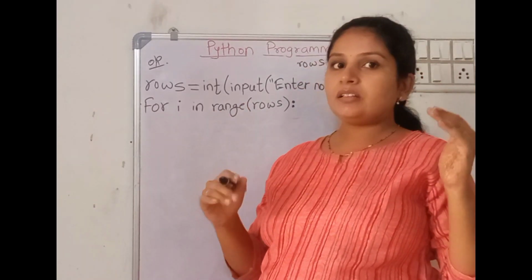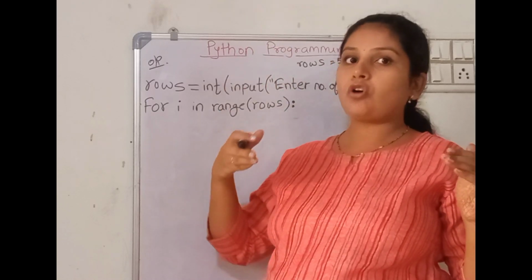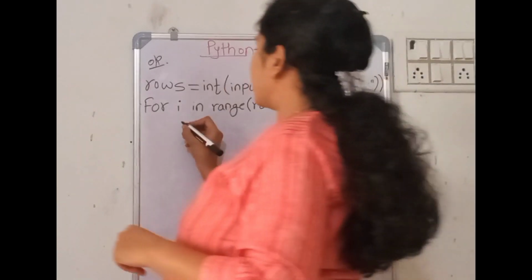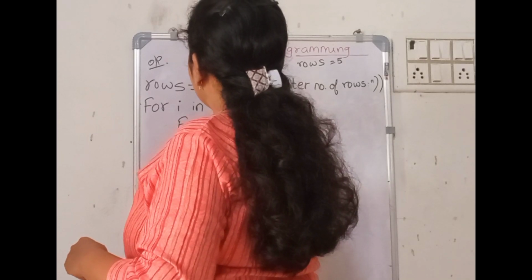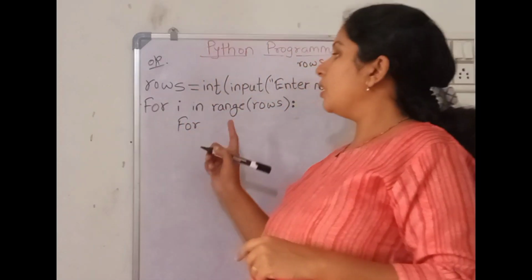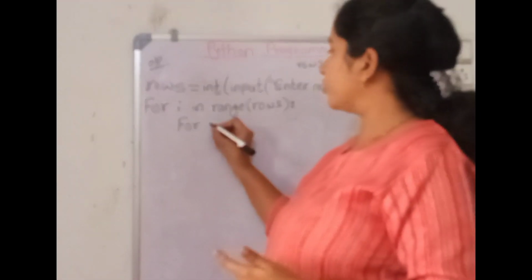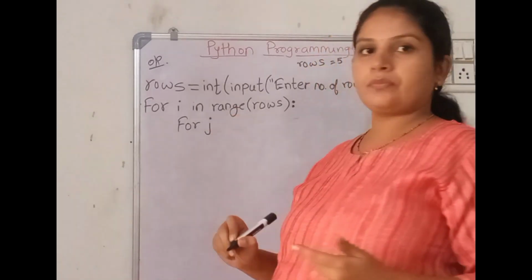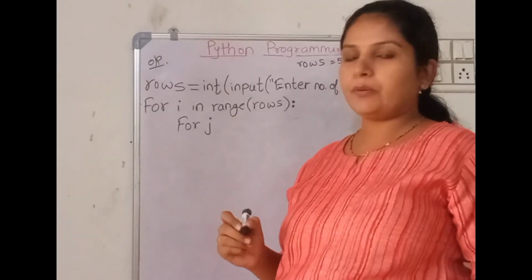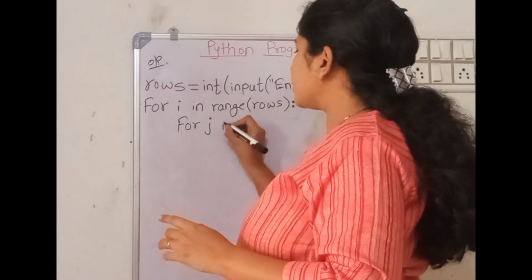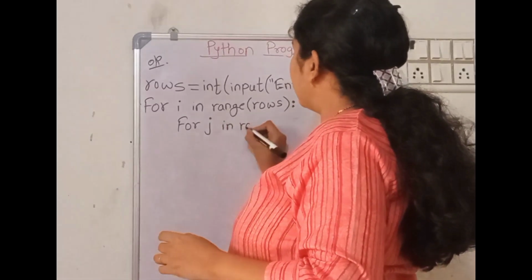Okay. Then you are preparing the columns also. For that I am taking another for loop, an inner for loop. I am taking another variable which is j. Again, you can take any variable you want. Here I am setting another range.